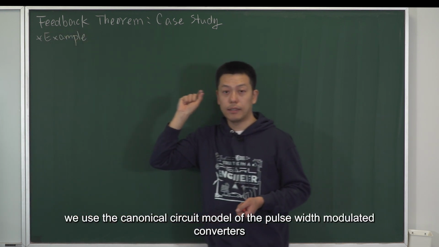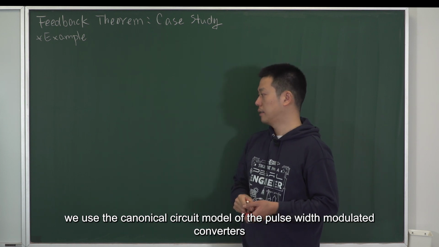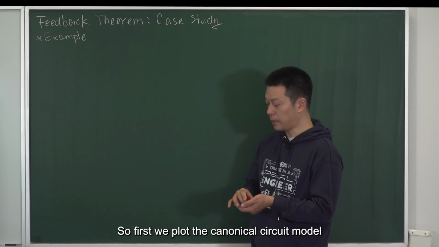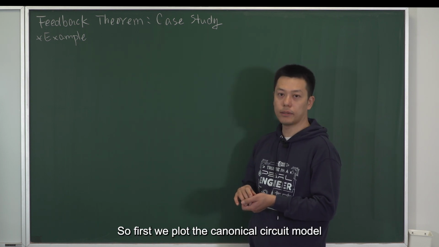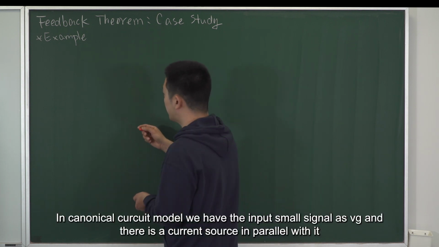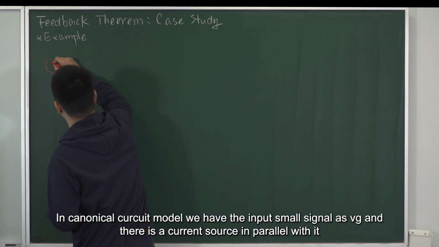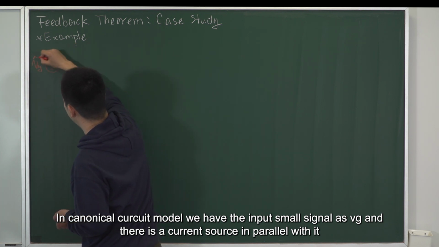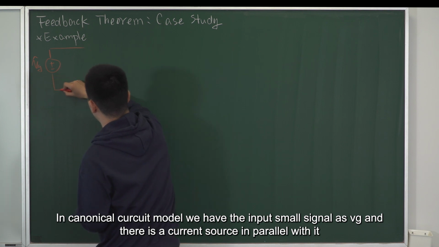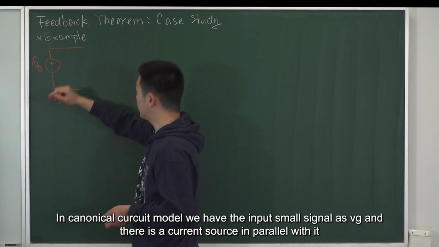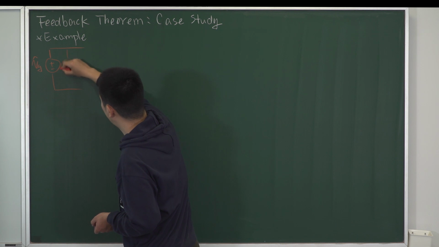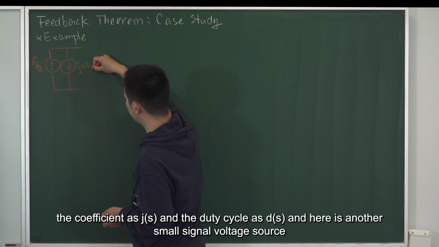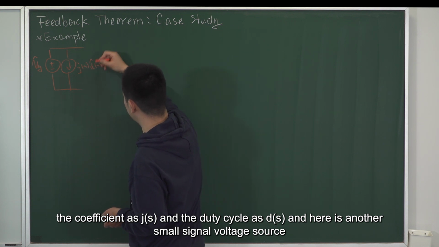We use the canonical circuit model of the pulse width modulated converters. So first, we plot the canonical circuit model. In the canonical circuit model, we have the input small signal as Vg, and there is a current source in parallel with it, with the coefficient Js and the duty cycle small signal ds.